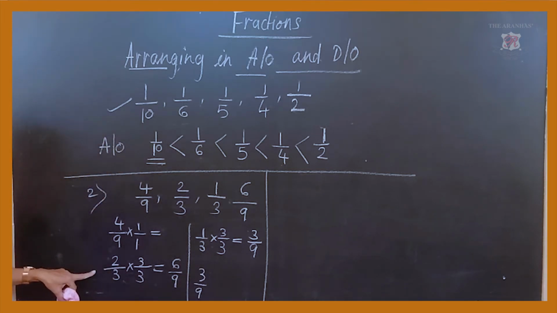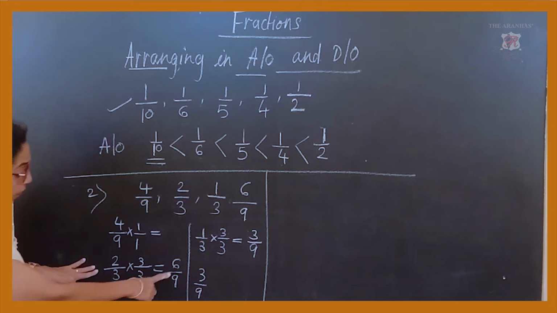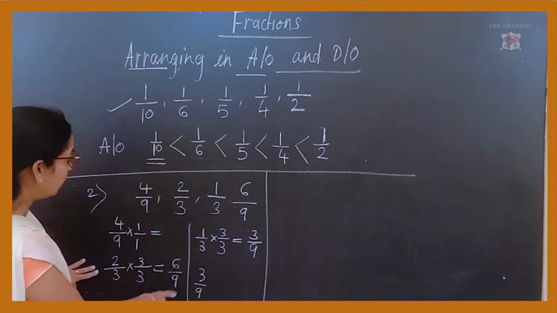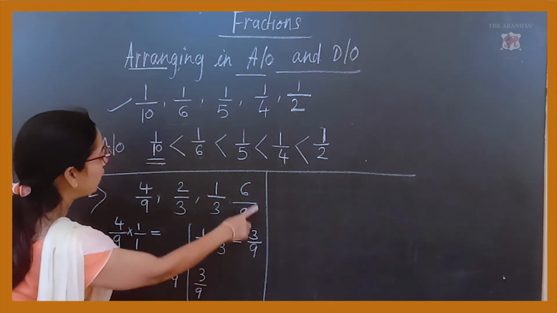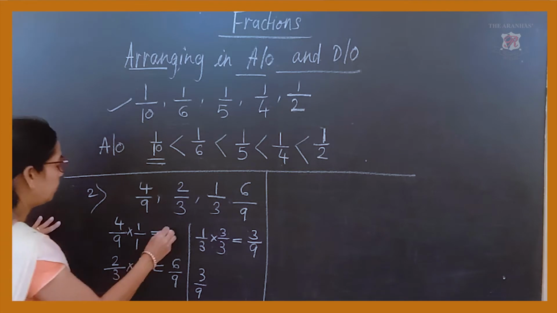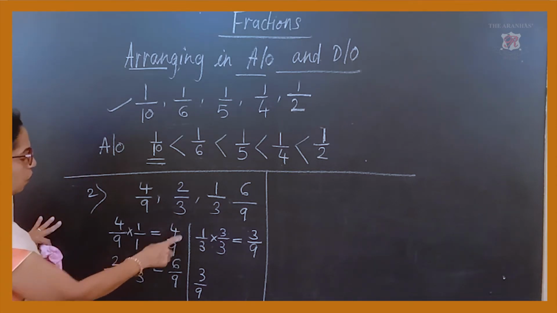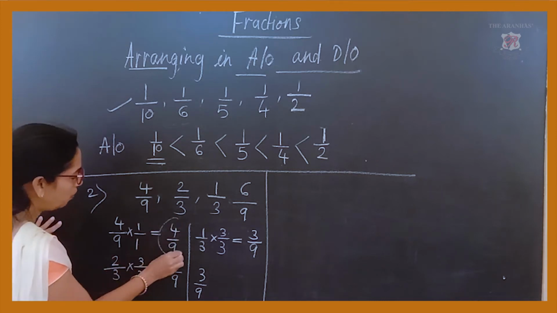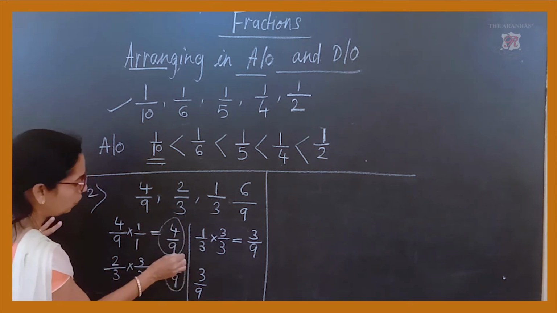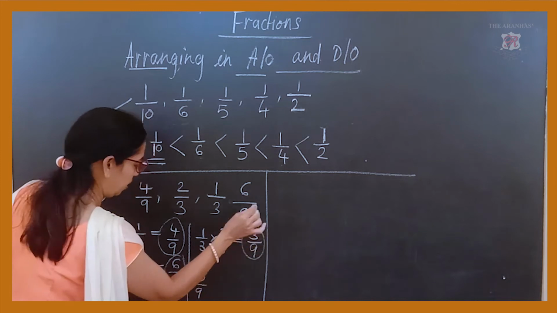Now when such a case is there, we have 6 upon 9, then 3 upon 9. And by multiplying by 1 we have 4 upon 9. Now 4 upon 9, 6 upon 9 and 3 upon 9.